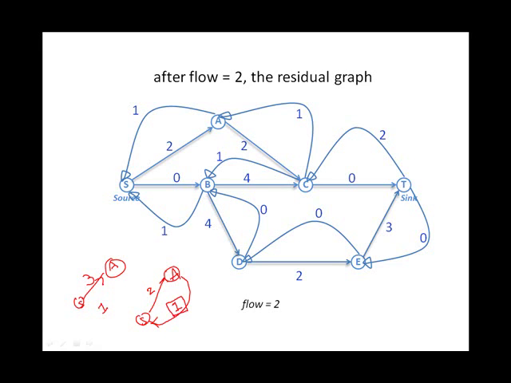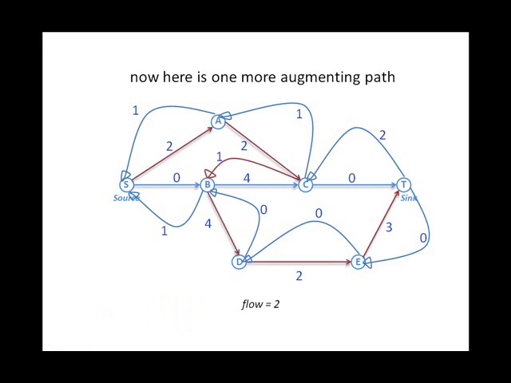Now in this residual network, can we find an augmenting path? Yes. If you look at these red edges, we are taking the edges with capacities left greater than 0, and we are able to reach the sink starting from the source. So S to A, A to C, C to B, B to D, D to E, and E to T, that is the sink.